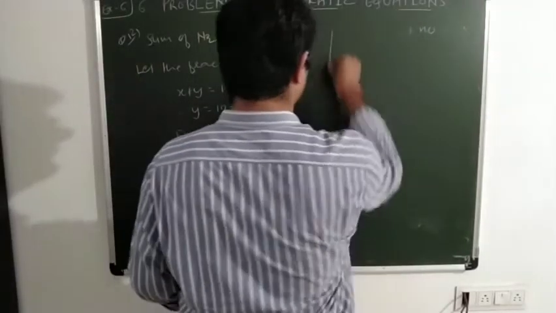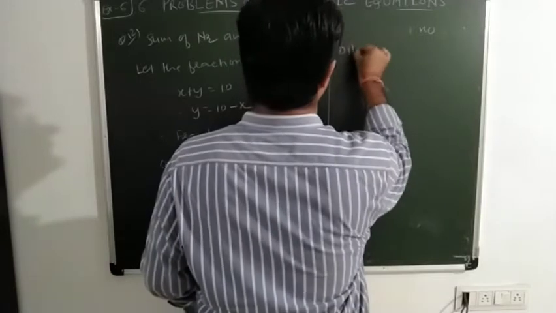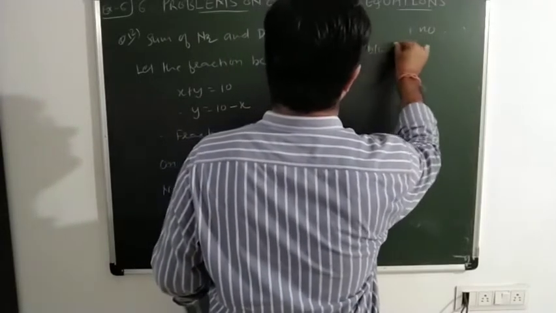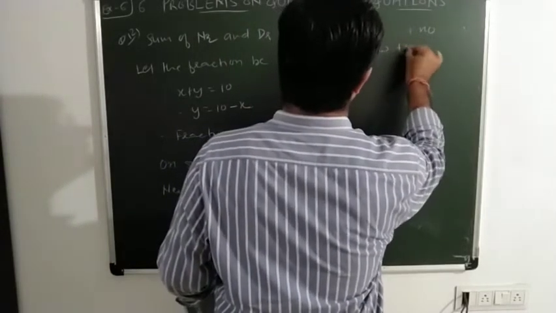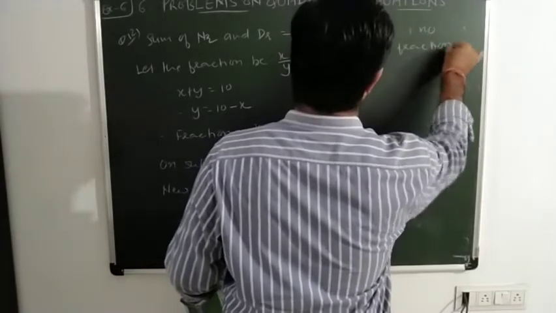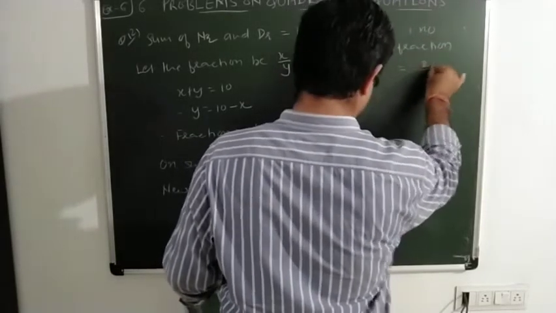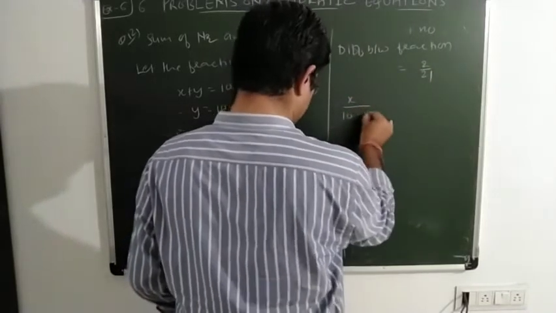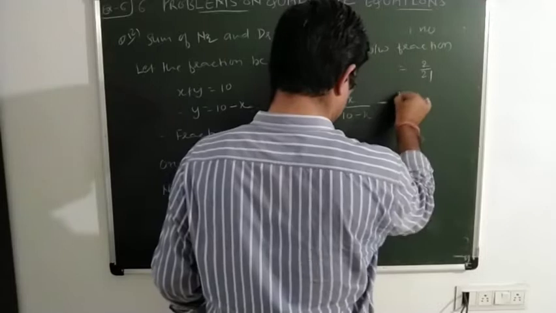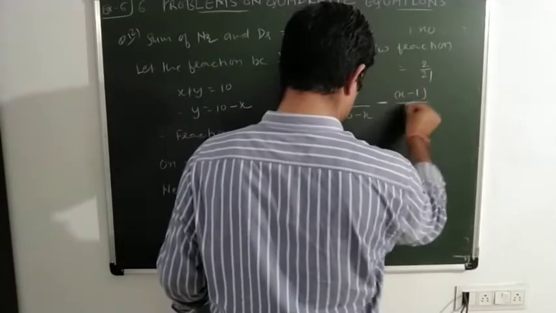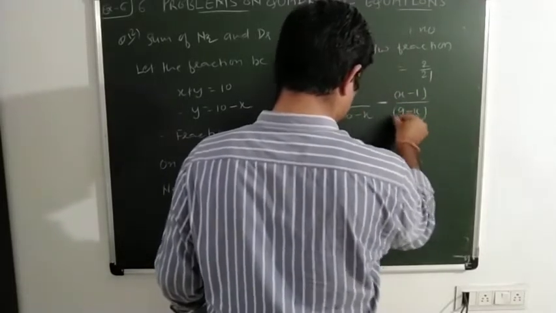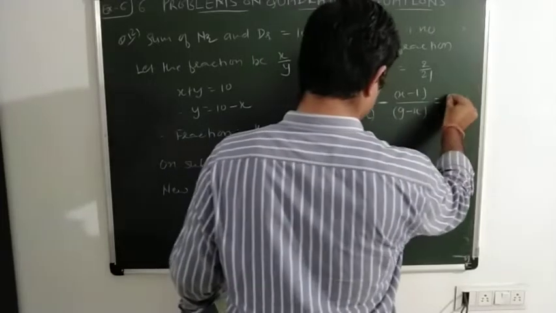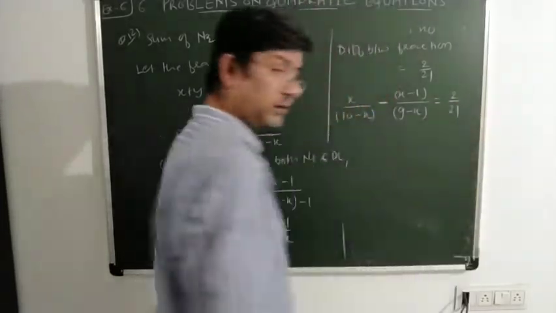So we are given the difference. Okay, difference between the original fraction and the new fraction is 2 upon 21. Therefore x upon 10 minus x minus x minus 1 upon 9 minus x is equal to 2 upon 21.